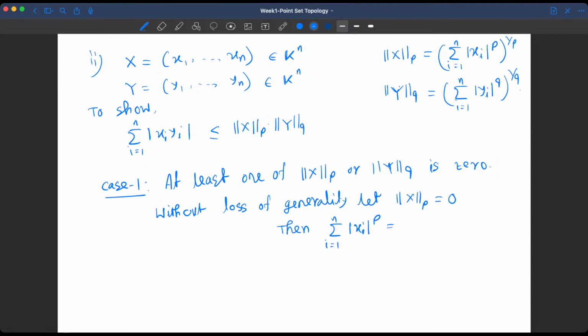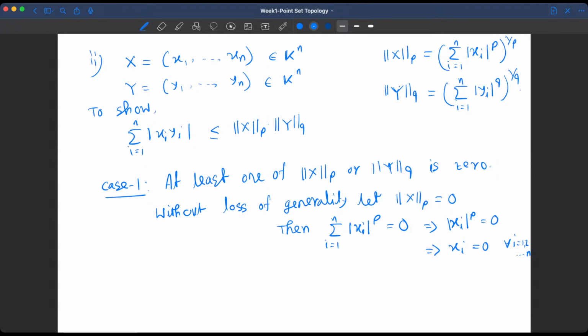This is a sum of non-negative numbers, so that being 0 means each individual term is 0. That means |xi|^p is 0, but that means again xi has to be 0 for all i equal to 1 up to n, right?